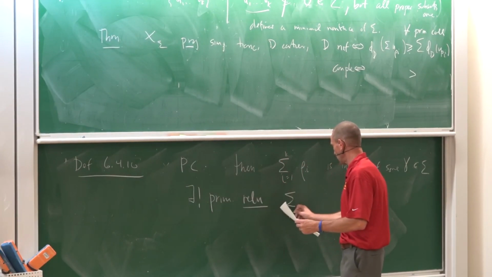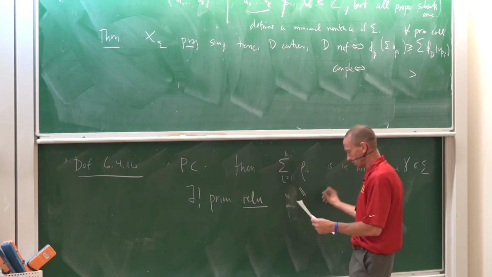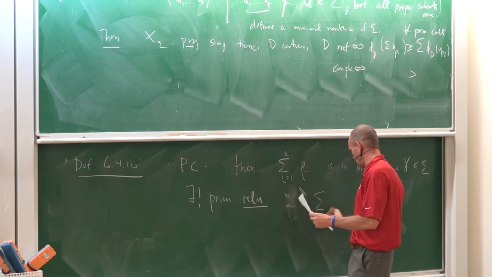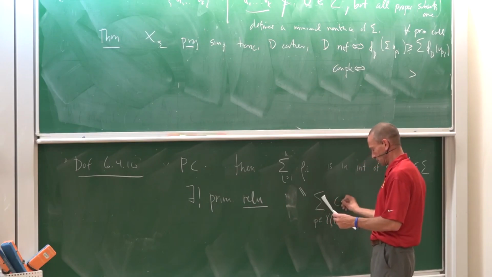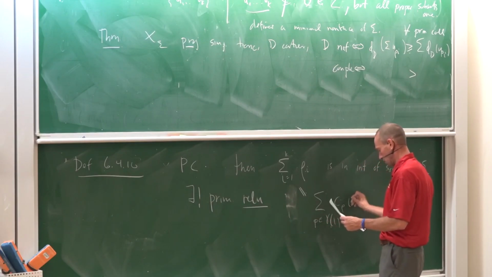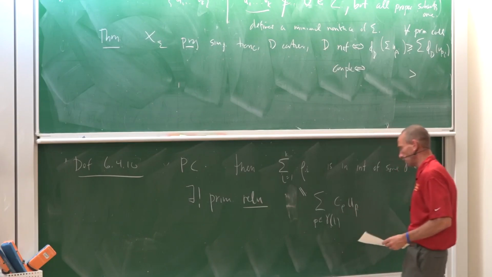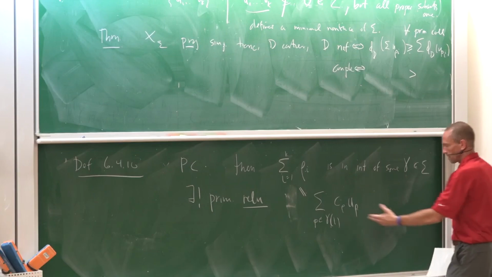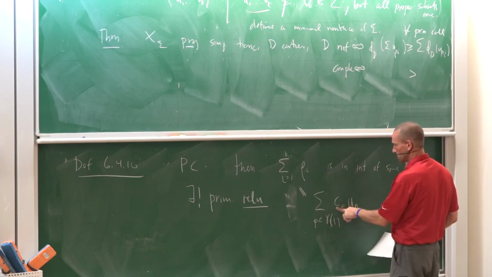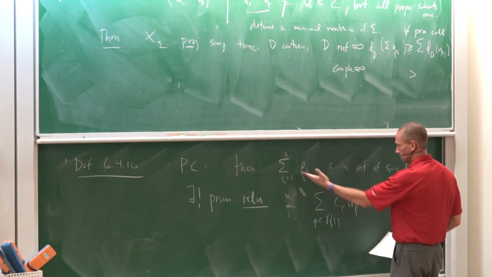The sum over i of u_rho_i is equal to the sum over rho in gamma(1) of c_rho u_rho. It lies in the interior of this cone gamma, so I can write it as a combination of the rays of gamma. These c's are all going to be positive, because it's in the interior of the cone.